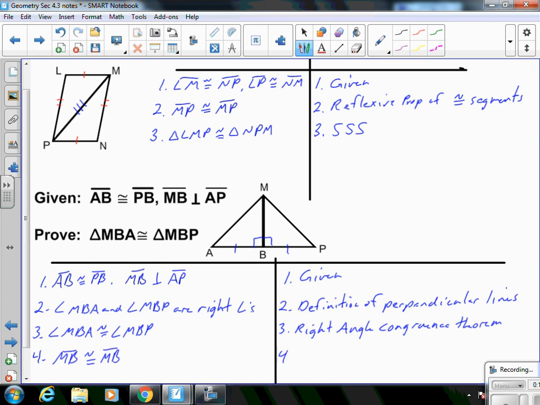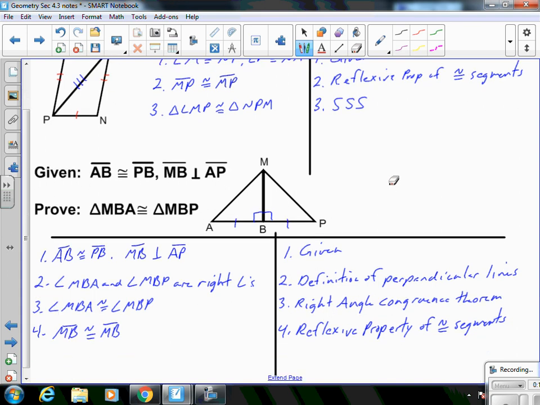And what property did we say we used to say that something's congruent to itself? The reflexive property. Reflexive property of congruent segments.